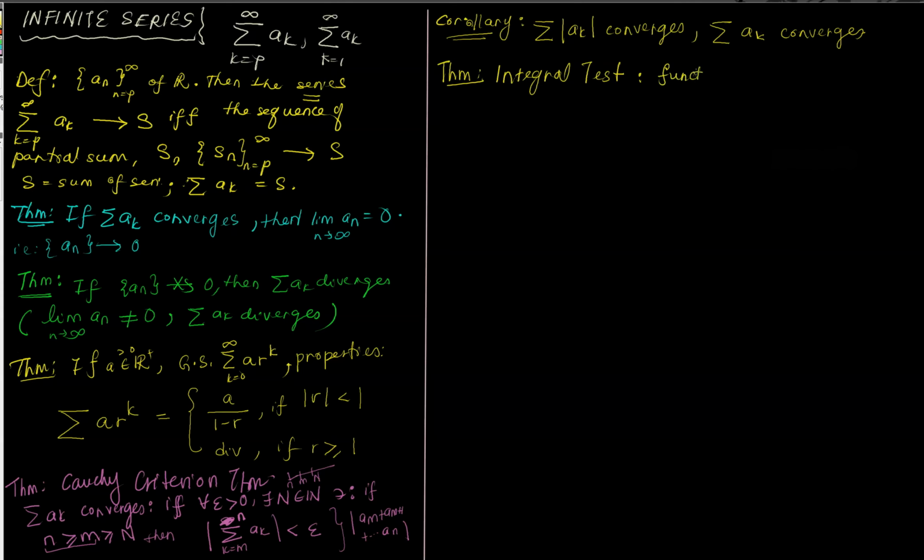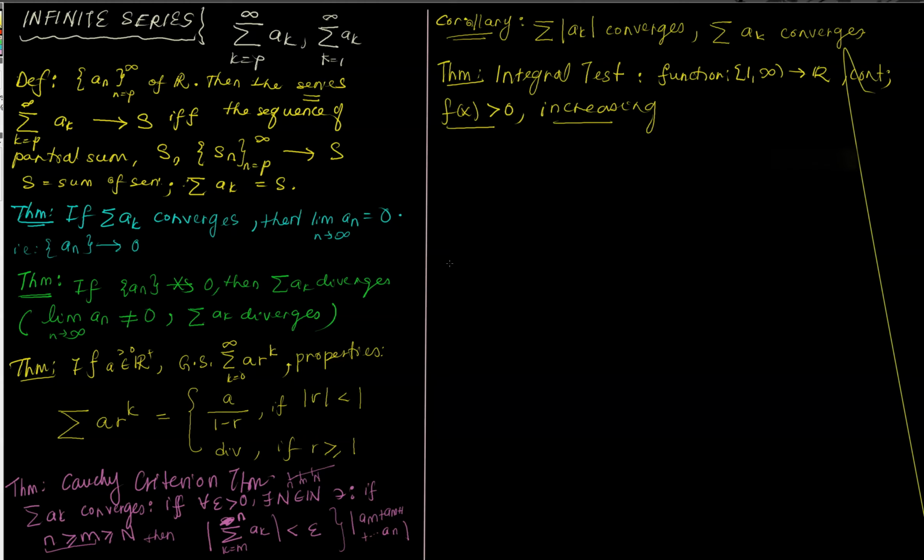So our function has to go from 1 to infinity, mapping to any real number, it's continuous, I mean, it has to be defined, and it's positive and increasing. So you have to take care of all these things. It must be positive, increasing, and continuous, and then we can rewrite the sequence as a function.